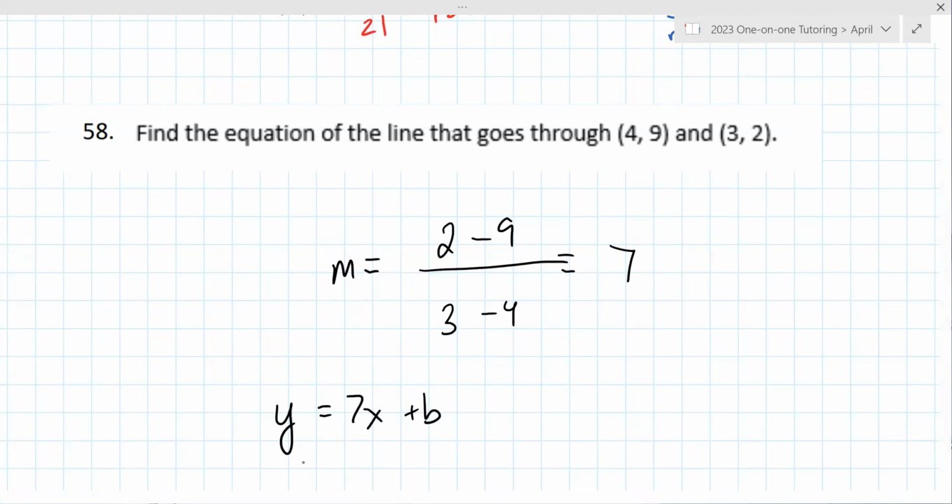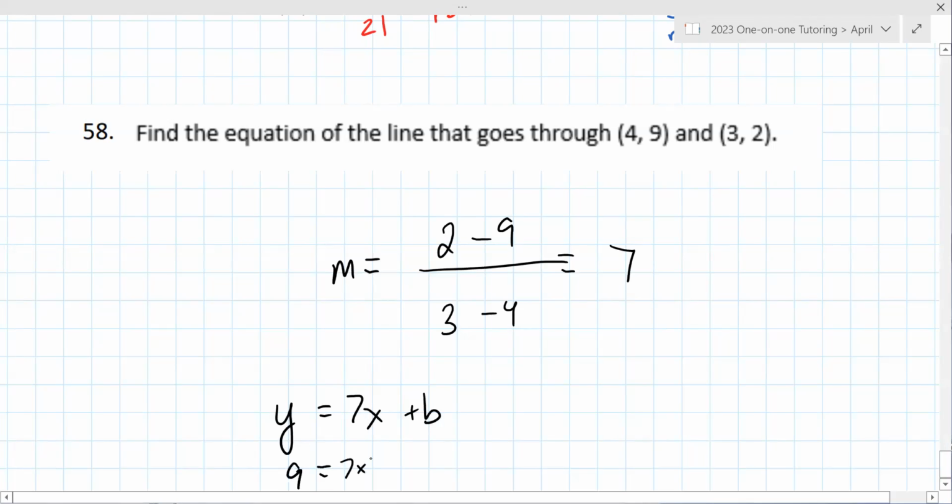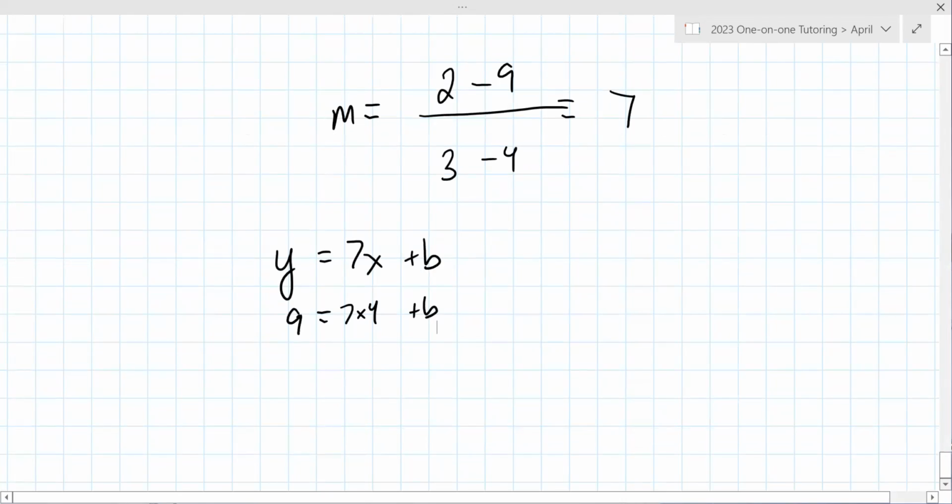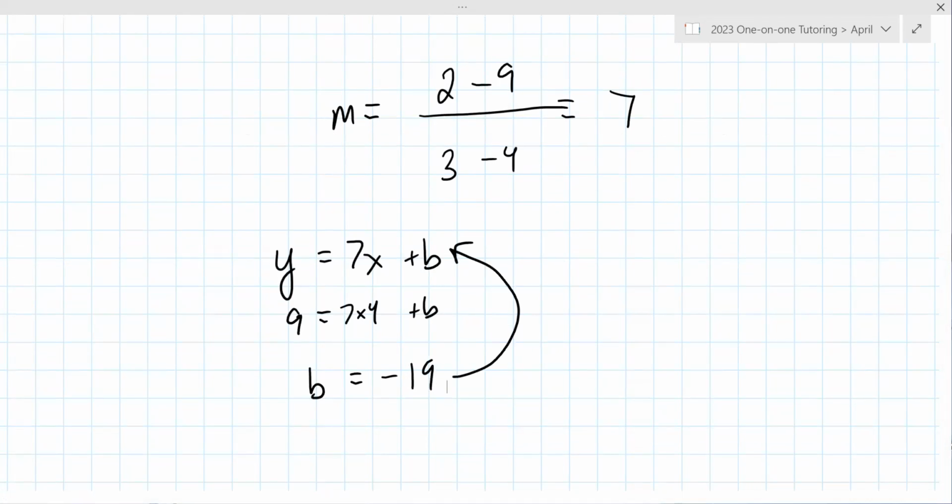No, hang on, 9 equals 7 times 4, not 14. Oh, yeah, it's 4. Yes, so then b equals negative 19. Good. So y equals 7x minus 19. Very good, awesome.